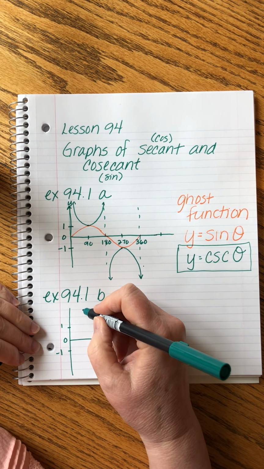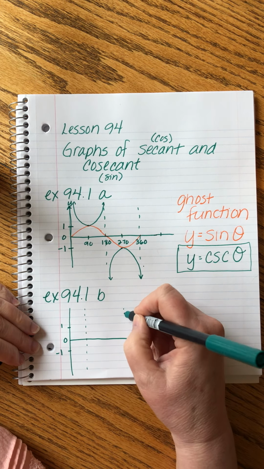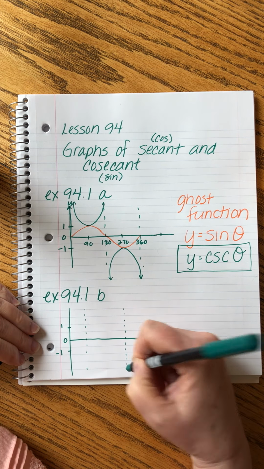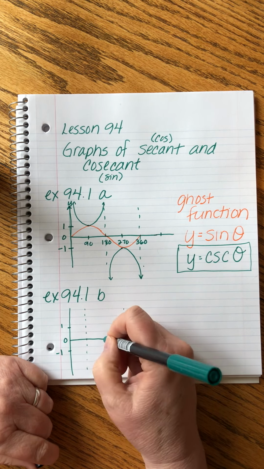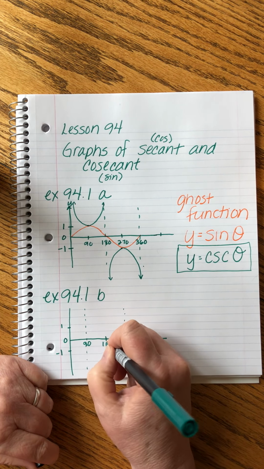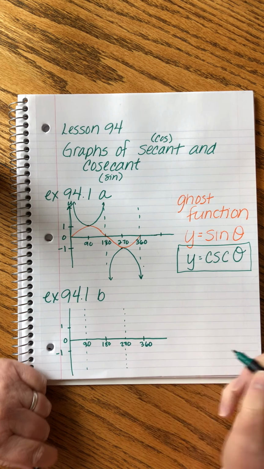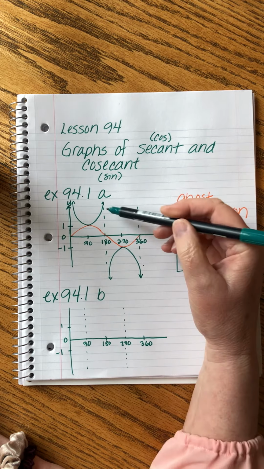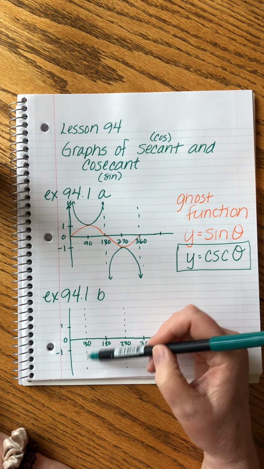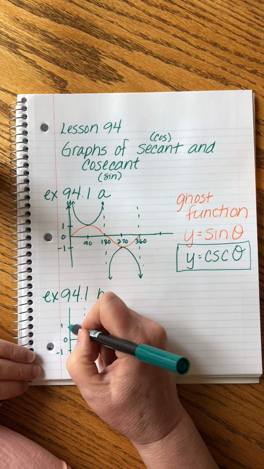This time my dotted lines are a little different. Look at how my numbers fall. This time the dotted lines that were at 180 and 360 are now at 90 and 270.